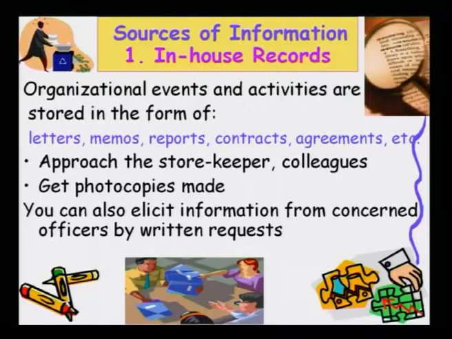That is another advantage of collecting this in-house record information. You can also elicit information from concerned officers by written request, which means you can send a circular, ask the people to respond to certain information that you need, and then collate the information you have gathered from these people in your report.